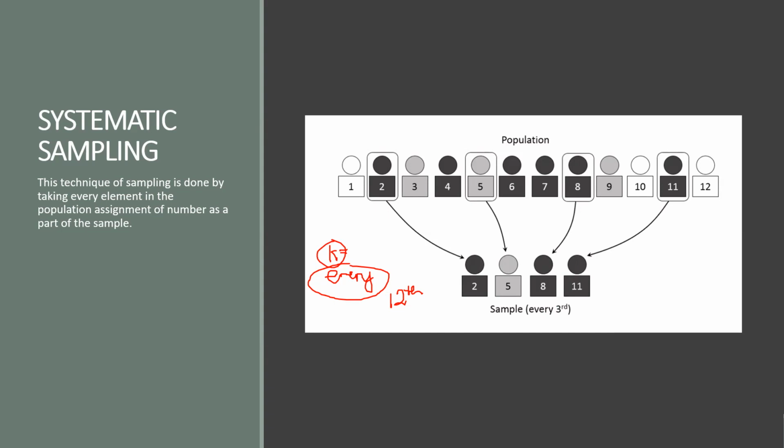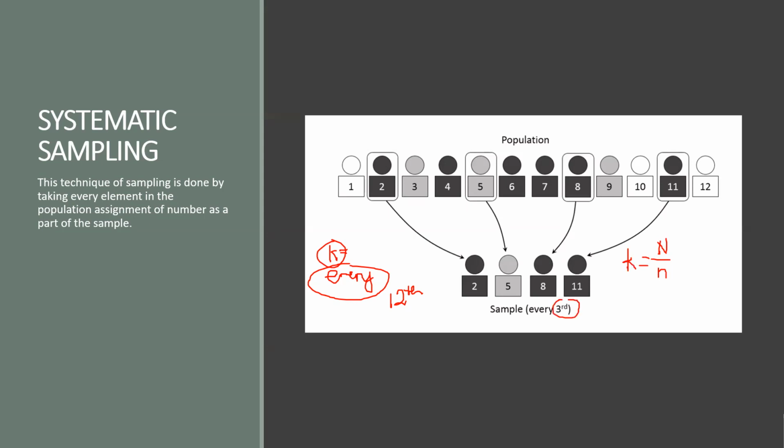So let's have another example for systematic type of sampling. For our systematic sampling, to select the sample size from our population, we simply divide the population by the sample size, and that would serve as your K. For this one, we have the third individual.